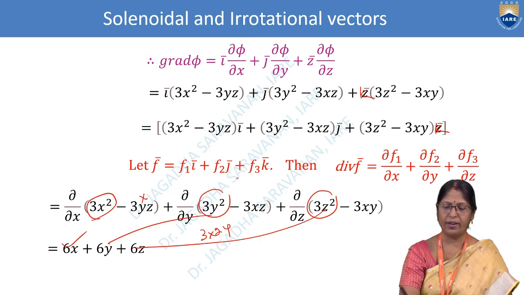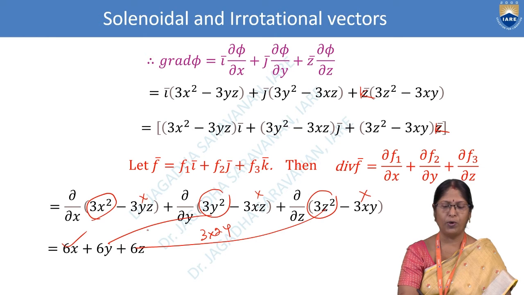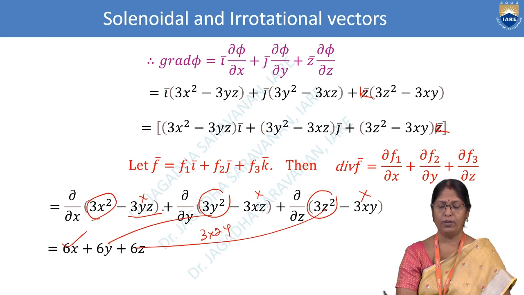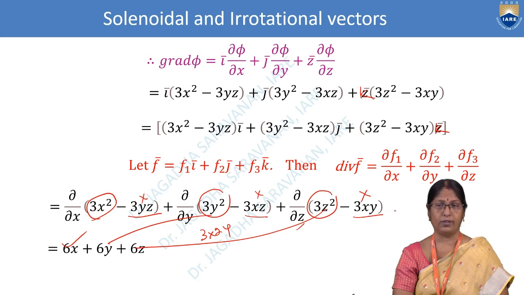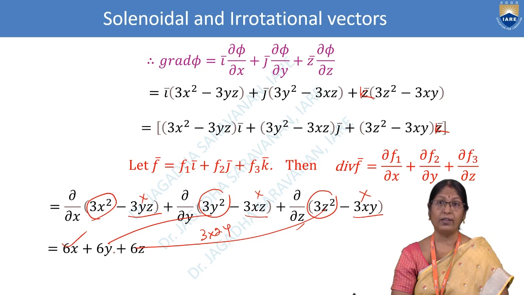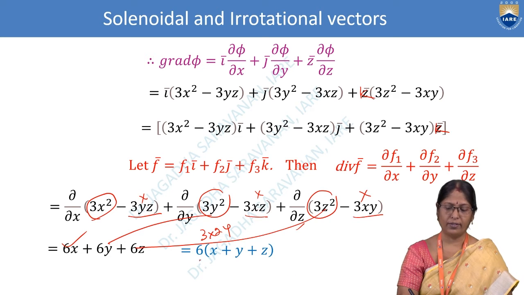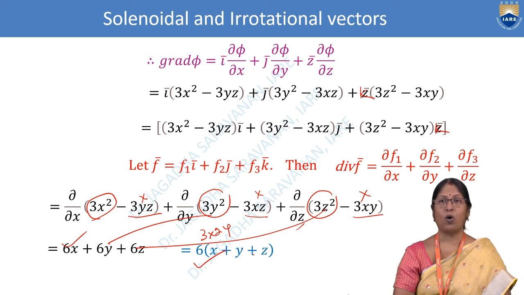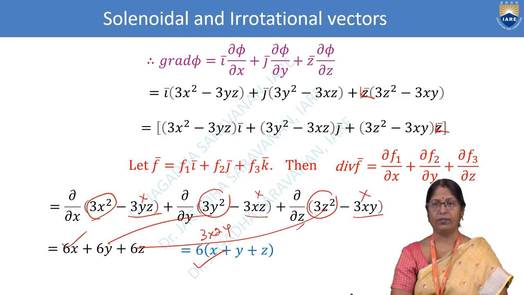We neglected these other terms because with respect to x there is no x term at all, with respect to y there is no y term, and with respect to z there is no z term. So 6x plus 6y plus 6z, we got it. 6 has been taken common, so 6 of x plus y plus z.